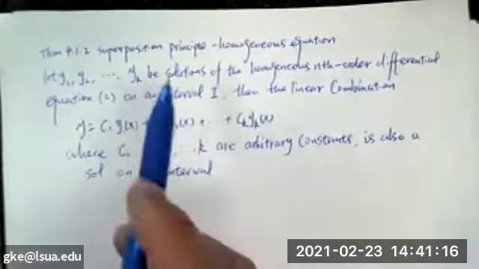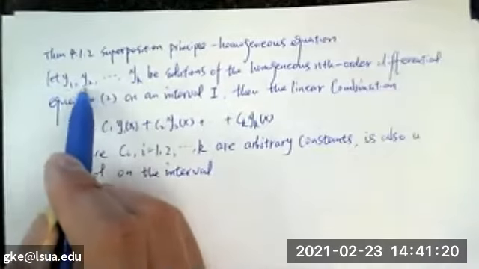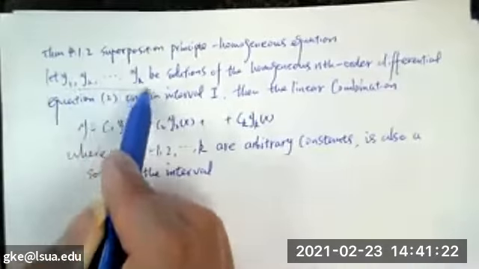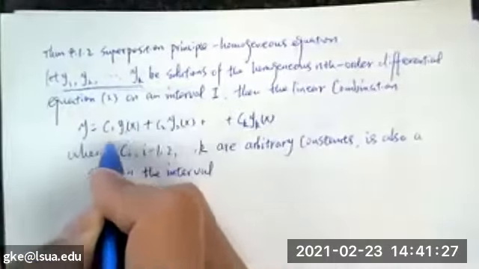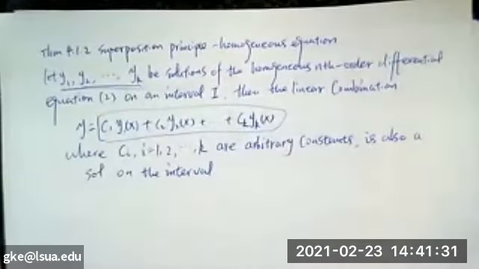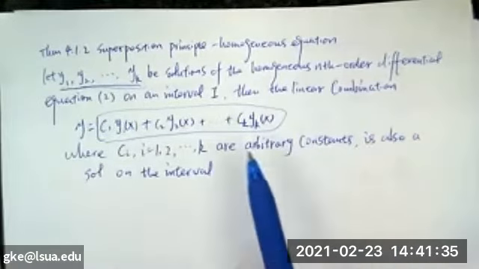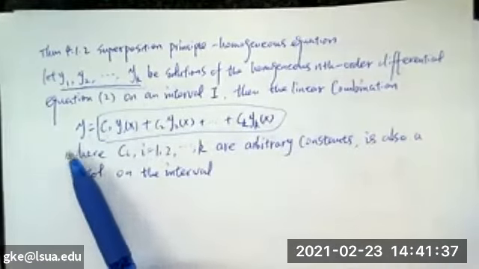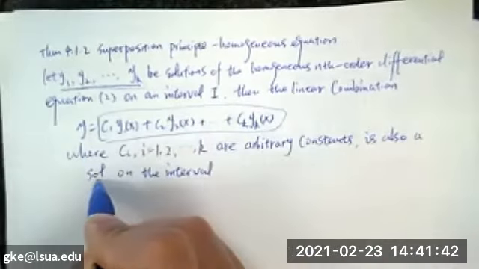If I give you homogeneous solutions y1, y2, and so on, we have k solutions. Then if you take the linear combination of these k solutions, we can construct a new solution, and that is a solution on the interval.